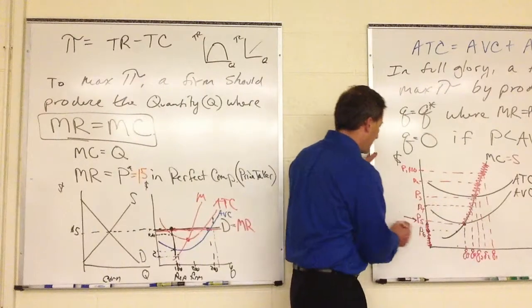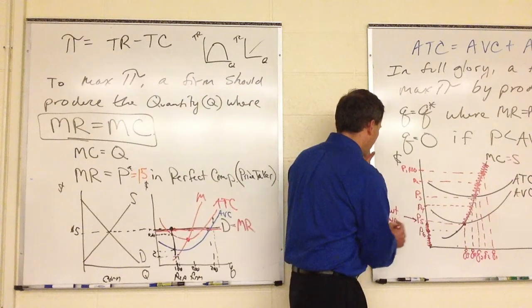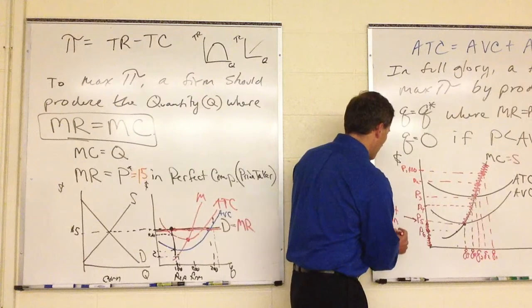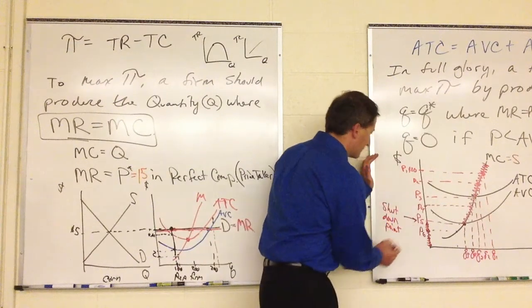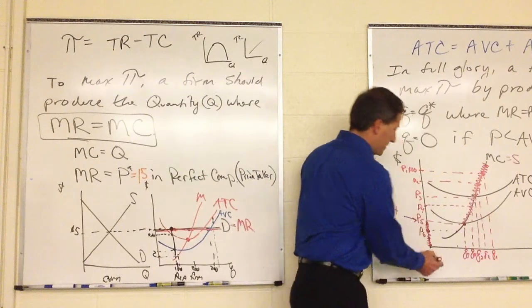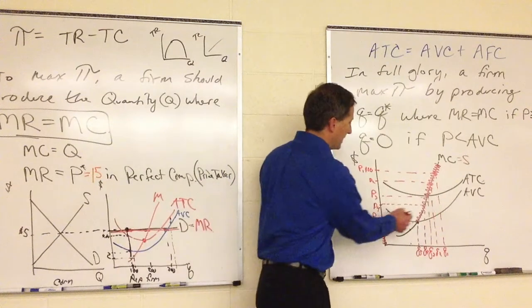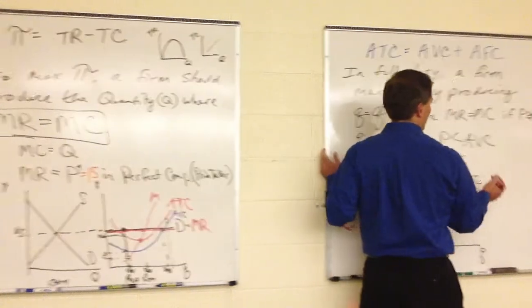So P5 is the shutdown point, or the shutdown price. At all prices below P5, we're better off producing nothing. So the squiggly line here is the supply curve.